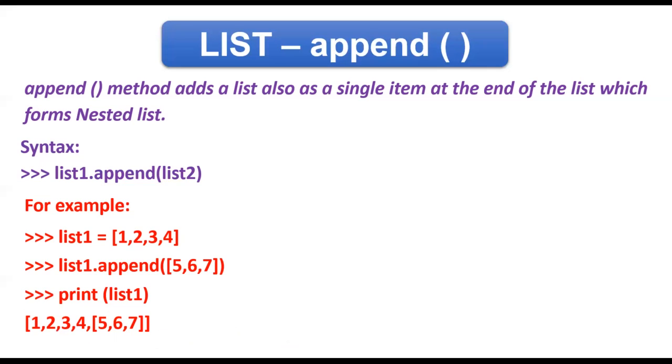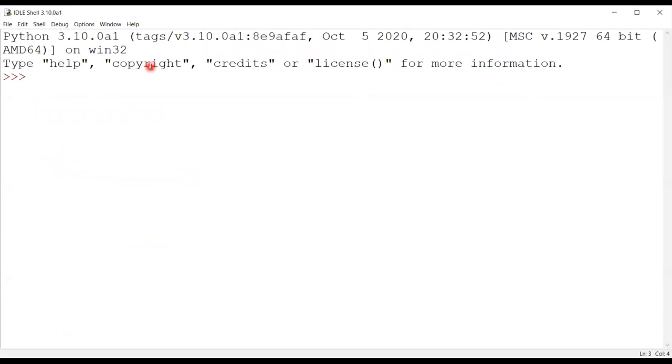Now, I can show you this practically as well. So let us move on to the interactive mode of Python. Now, I'm going to take one list. list1 is equal to 1, 2, 3, 4. The same example I can show you by implementing. And list2 is having the elements 5, 6 and 7. Now, what am I going to do?